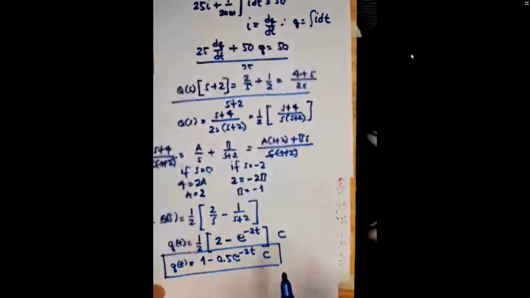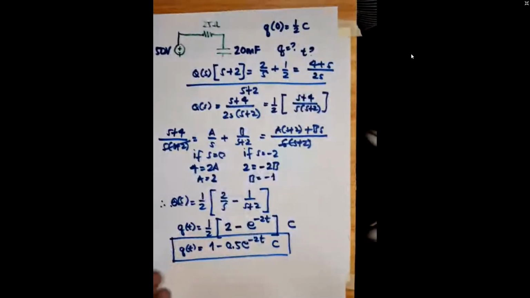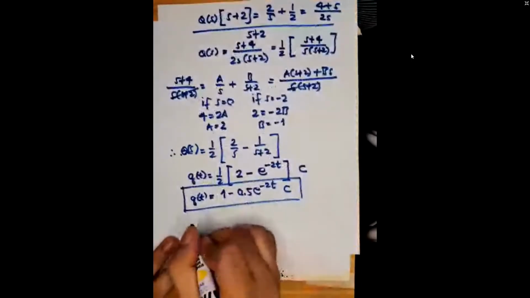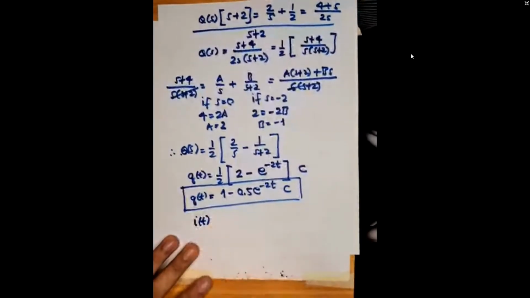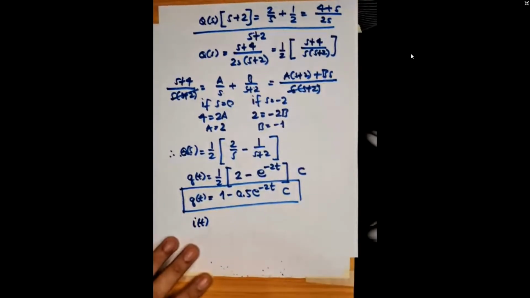Okay, so this is one of the answers because that is just the charge. Now, how about the current? Okay, so hinahanap natin yung current. Current is equal to derivative.